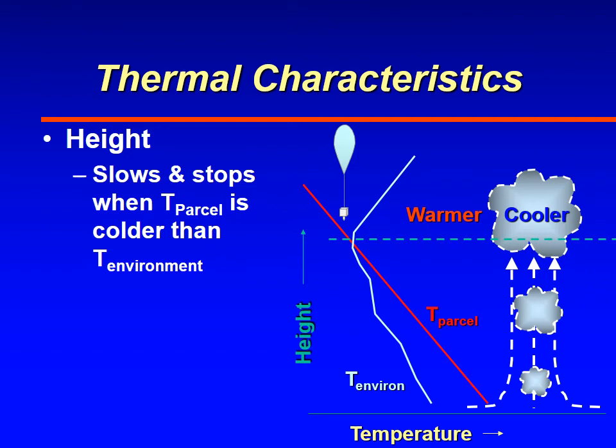But the parcel or the thermal does not stop there. It has momentum. It will continue above that point, and eventually the parcel of air becomes cooler aloft, and it will start to sink. And this is what you see during the summertime. If you watch the tops of cumulus clouds, they appear to bubble.